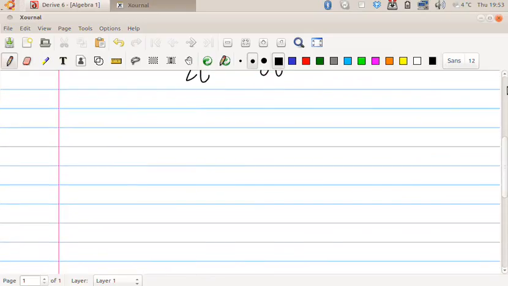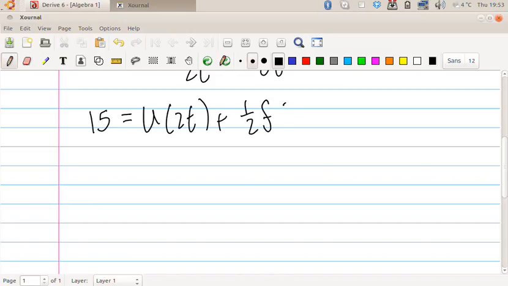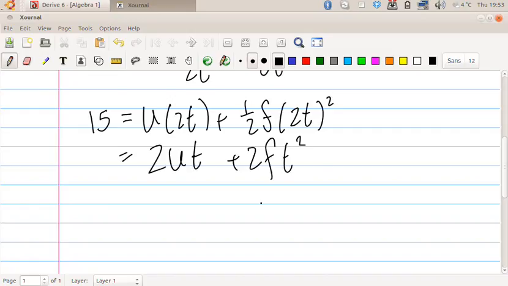So the first one we can say s equals ut, which we do know, plus half at squared, with 2t squared, which is 2ut plus 2ft squared. That's 15.